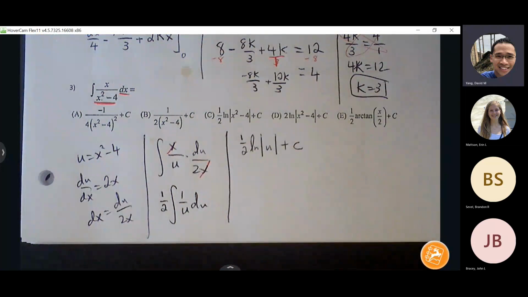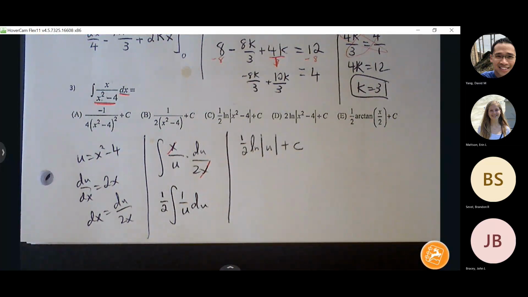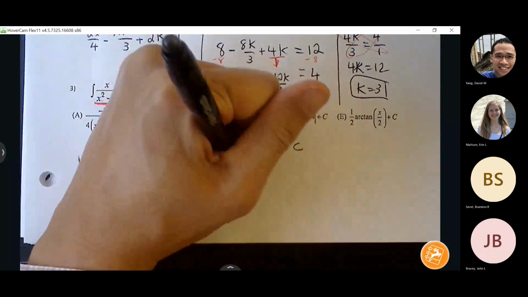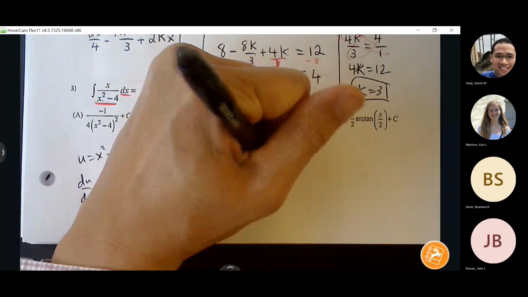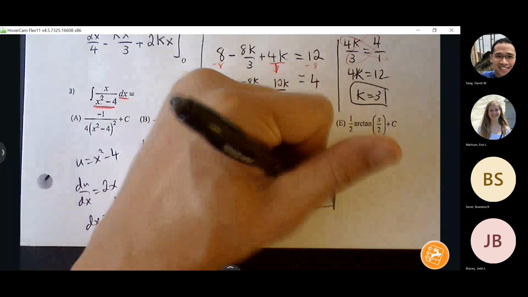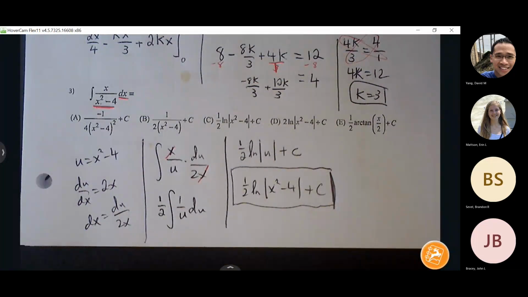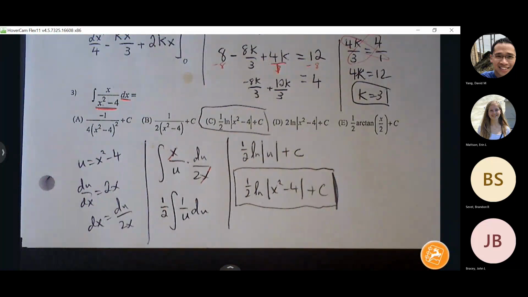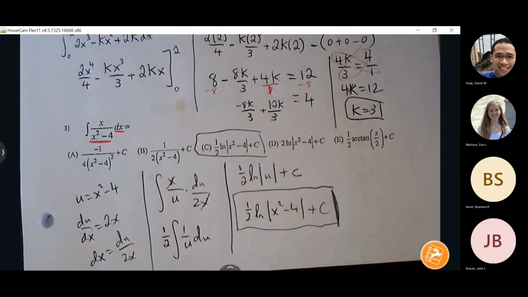And then bring your original variable back, where U is x squared minus 4. Okay, questions? Page 19. Okay.